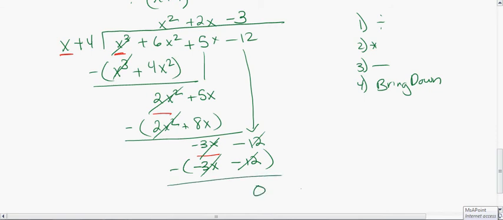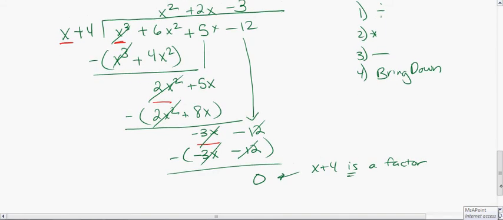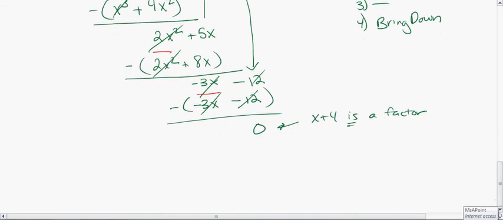Yay! I have a remainder of 0 just like I thought I would, which means that x plus 4 is a factor. It's one of the factors of my x cubed plus 6x squared plus 5x minus 12. So now I can start the process of factoring here, or at least write down what I have so far.